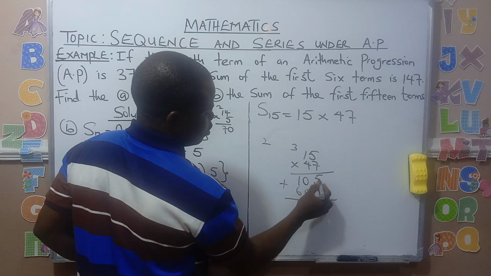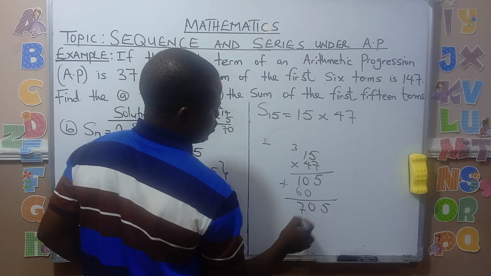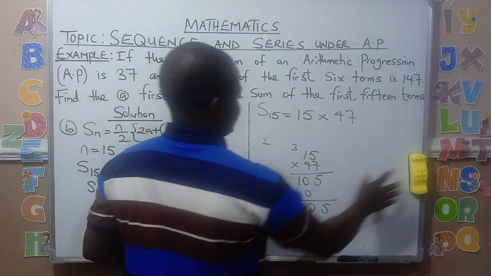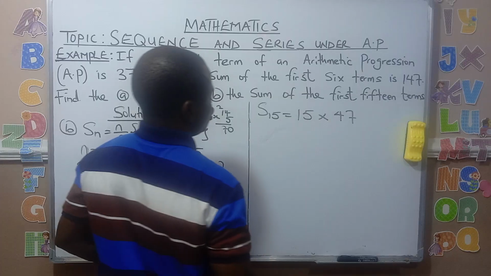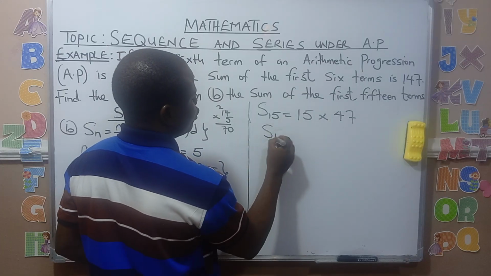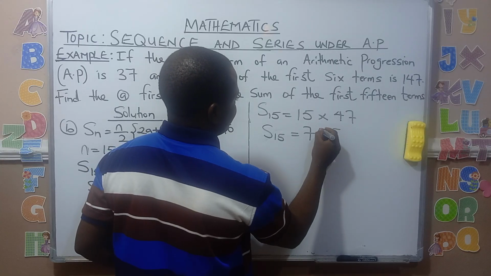Let's add it together. 5, 0, 1 plus 6, that's 7. The sum of the 15 terms equals 705.